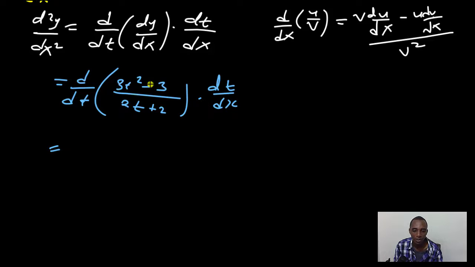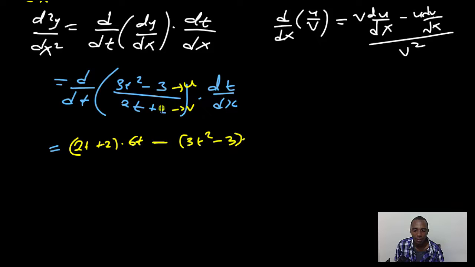Okay, so let's do it here. This is the u function and this is the v function, just to compare. So you have v, which is 2t plus 2, times du/dx, which is in this case, not 3, actually 6t, because the derivative of 3t squared is 6t. The derivative of 3 is 0. Minus u, following the expression here, so u is 3t squared minus 3, times dv/dx.